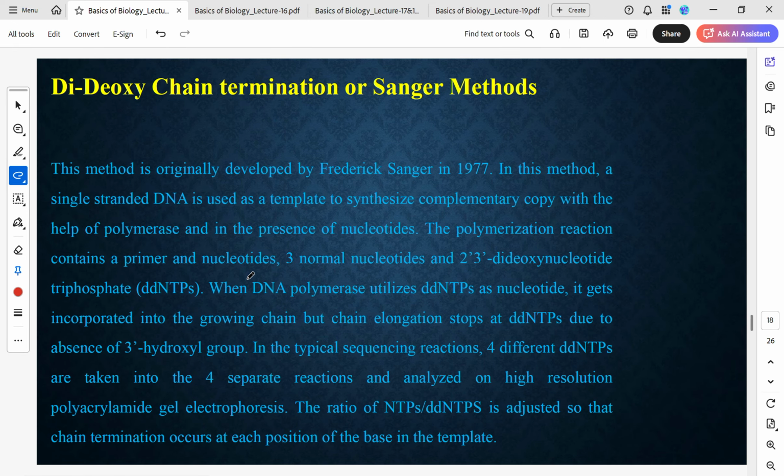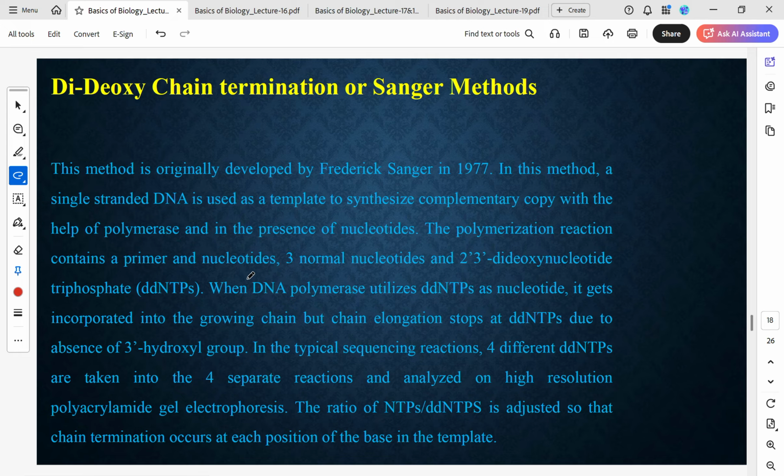In Sanger sequencing, the method was originally developed by Frederick Sanger in 1977, where he uses ddNTPs, or dideoxynucleotide triphosphates. One ddNTP can be for adenine, guanine, cytosine or thymine, and all of the other nucleotides will be normal.